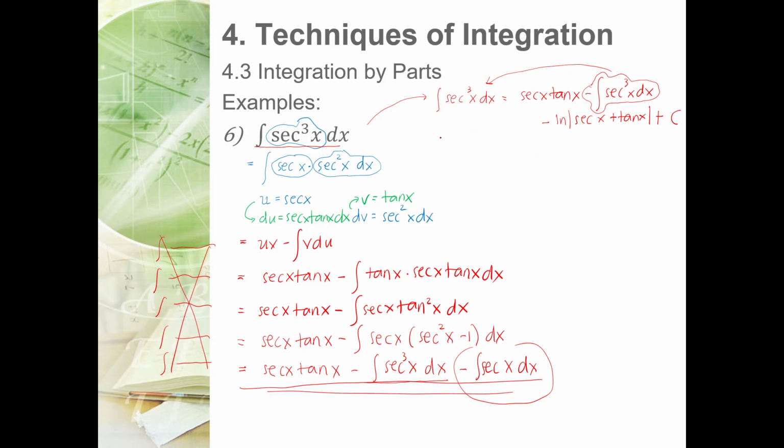So if we try to rewrite the equation, secant cube x dx. Again, from minus we transpose, it becomes plus, is equal to secant x tangent x minus ln of secant x plus tangent x plus c.